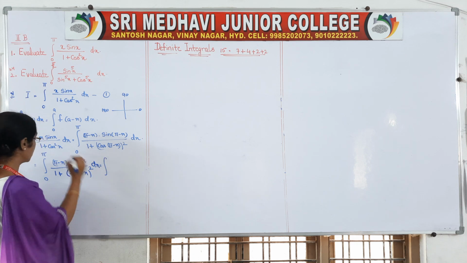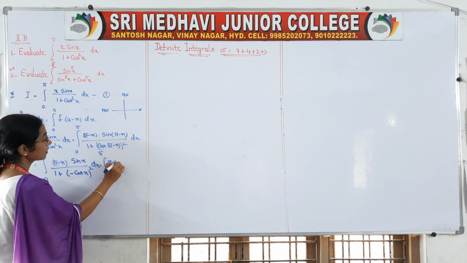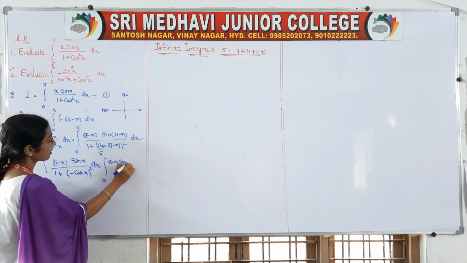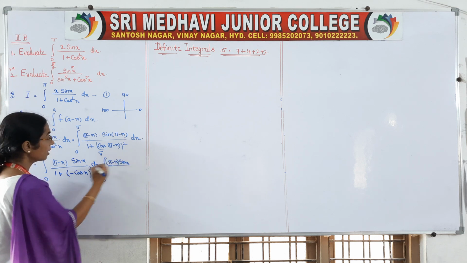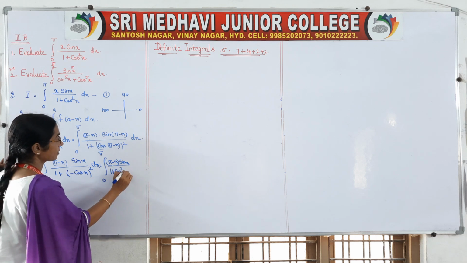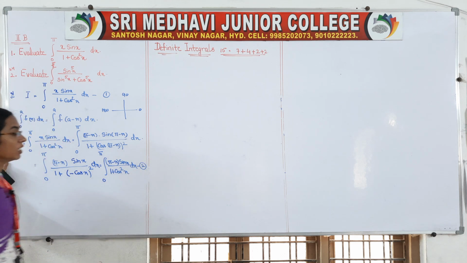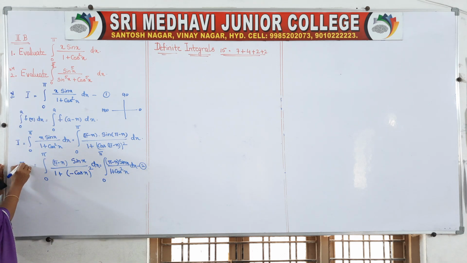So it is integral 0 to pi, pi minus x sin x by 1 plus cos square x dx. You consider this as our second one.